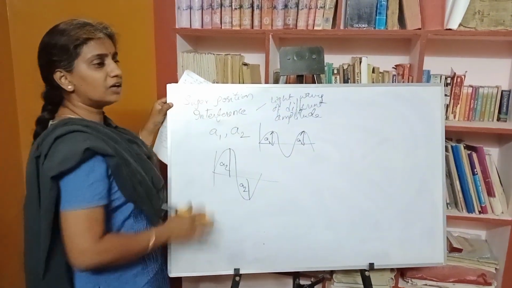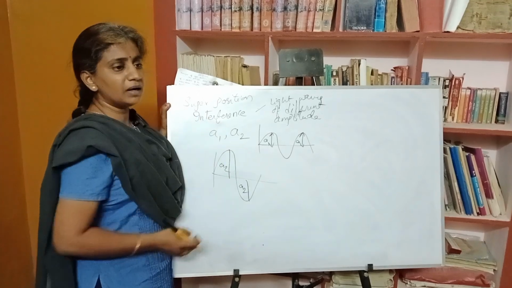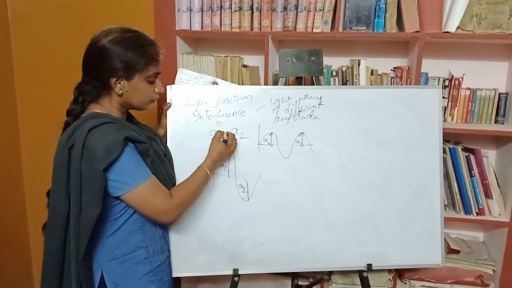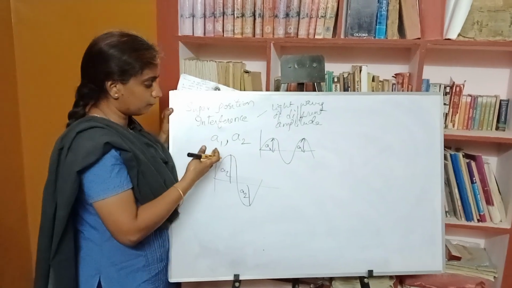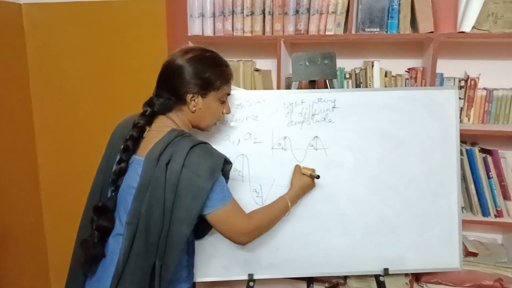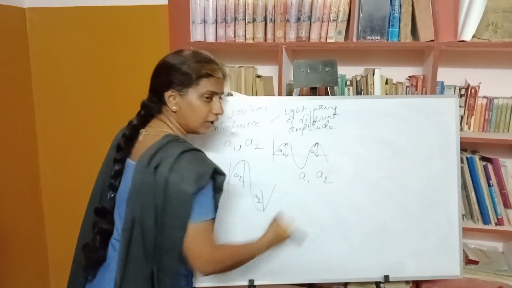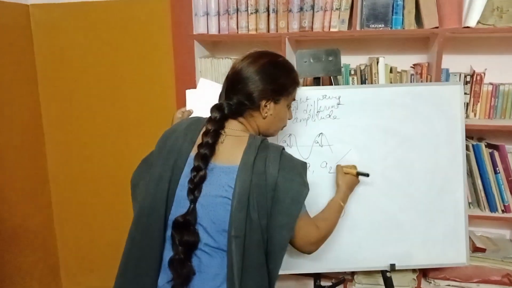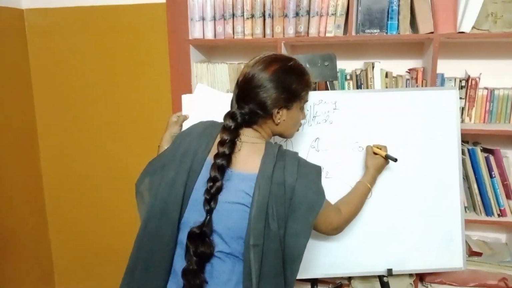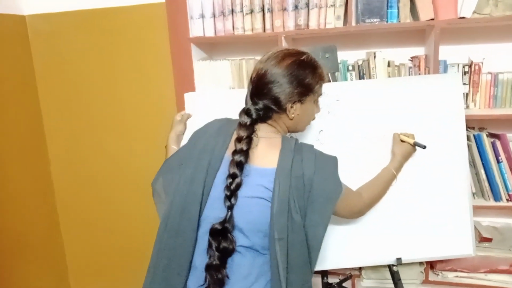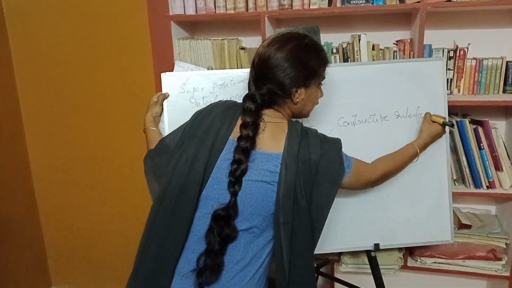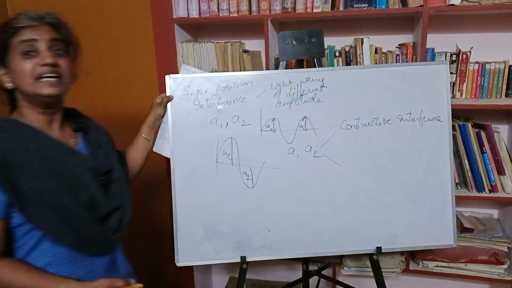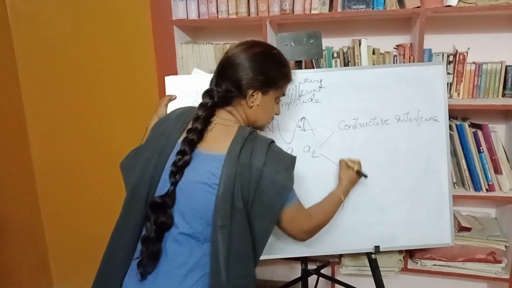When these two light waves act simultaneously on an object, then if you try to find out the resultant amplitude, it will be a combination of A1 and A2, and it will have two possible cases. One is called constructive interference. The other one is called destructive interference.